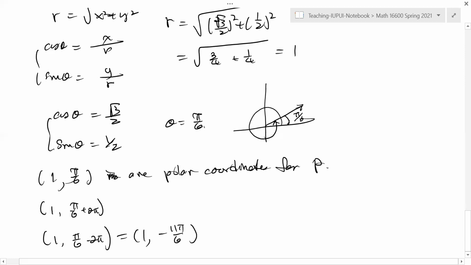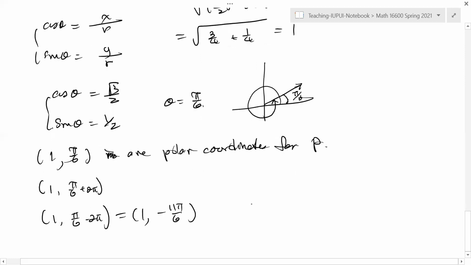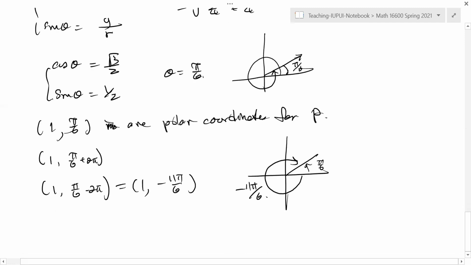To describe this, negative 11 pi over 6 goes from here all the way to here. So the size of the angle is 11 pi over 6, which is 2 pi minus pi over 6, but you have to put a negative sign there. So negative 11 pi over 6 describes the same point on this line.